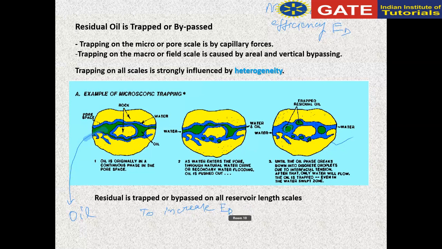To increase it, the first one is to decrease the interfacial tension, IFT, between the fluids. Because the oil is trapped in the pore space, decreasing the interfacial tension improves the oil mobility.